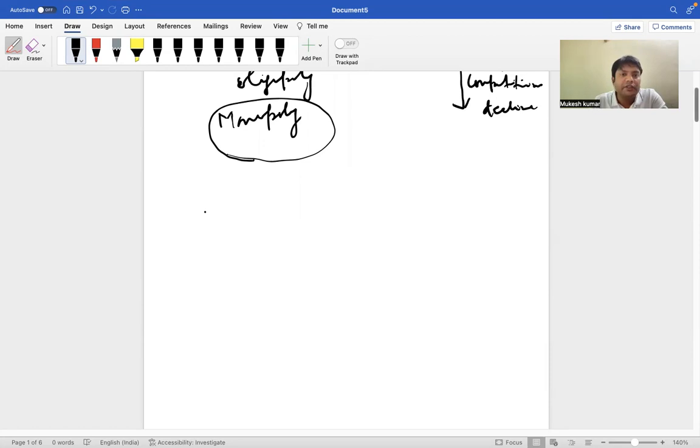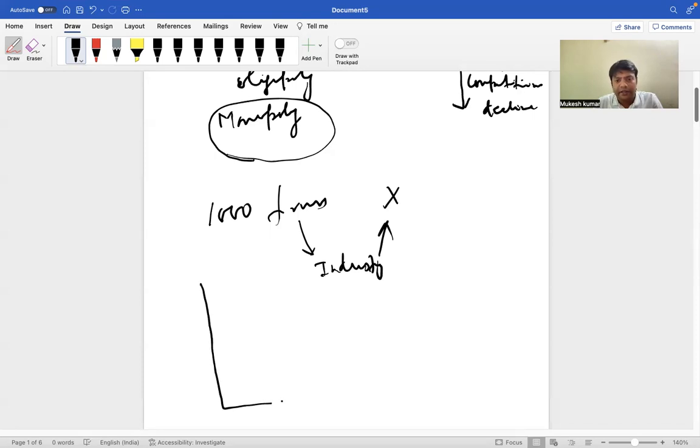Okay, there you have seen that an industry is just the aggregation of the firms. Suppose there are thousand firms who are producing some homogeneous product X. A single firm can't influence the market price of X, but the aggregate of these thousand firms creates one industry for good X. In the industry, the interaction of demand and supply gives us the equilibrium price.